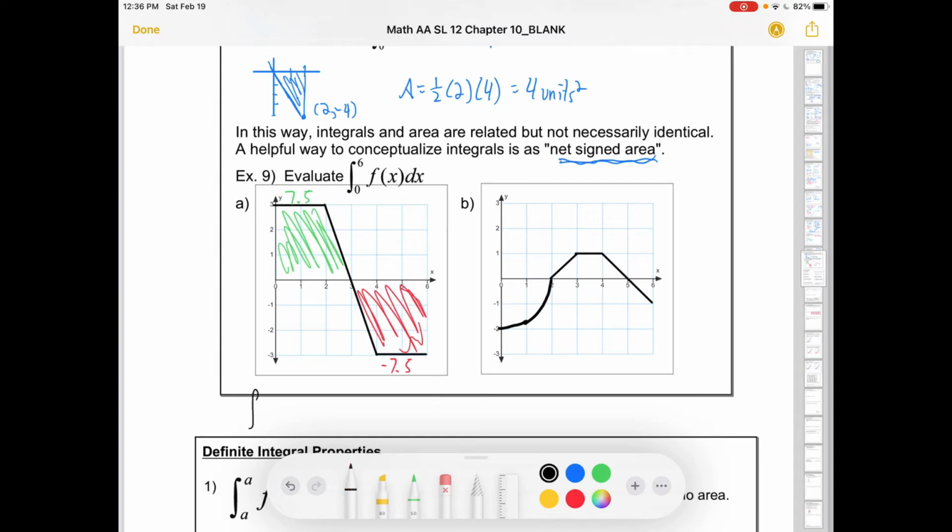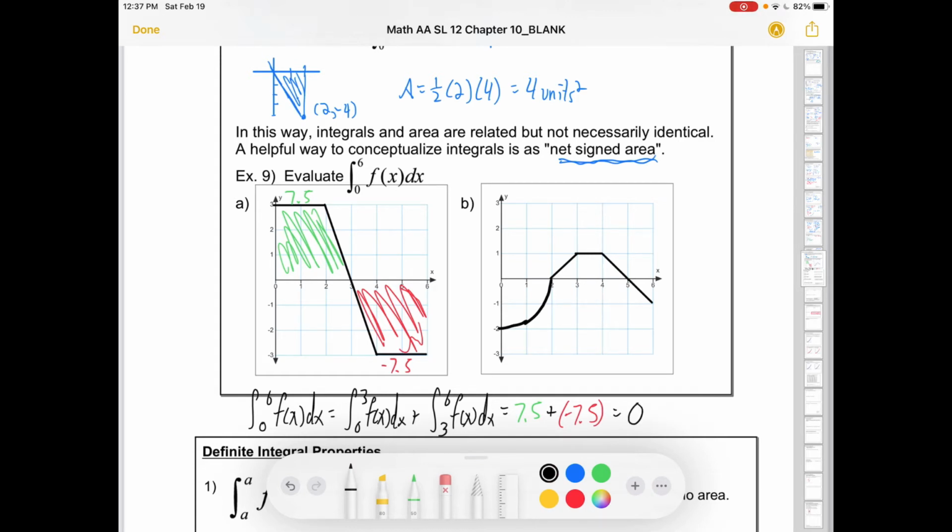So the integral from 0 to 6, you could think of it as the integral from 0 to 3 plus the integral from 3 to 6, just adding those two parts together. And one of those is going to be 7.5, and the other one's going to be negative 7.5, for a grand total of 0.